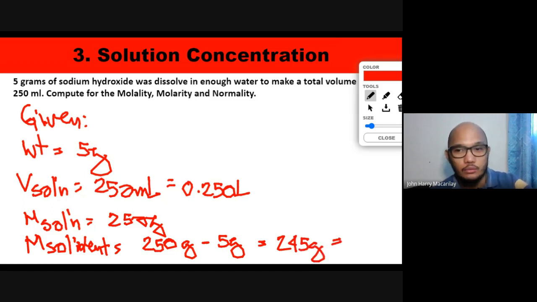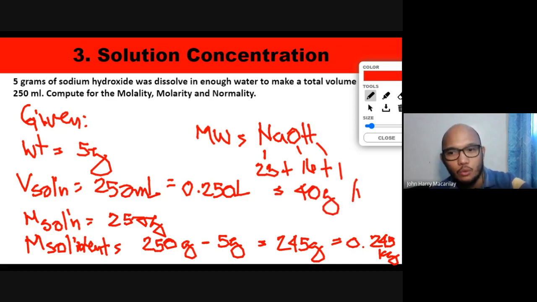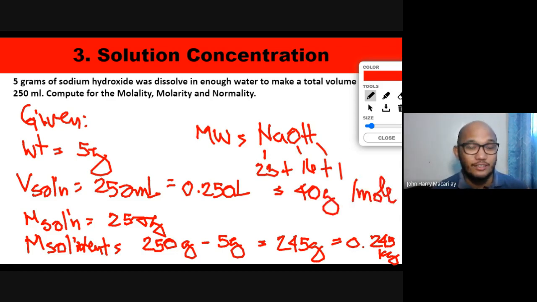Convert this to kilograms, it is equivalent to 0.245 kilogram. And then the molecular weight of your sodium hydroxide is you have 23 for sodium, so 23 plus 16 plus 1 for hydrogen. You have a total of 40 grams per mole. Okay. So those are the given that we will be using for determining now the molality, molarity, and normality.